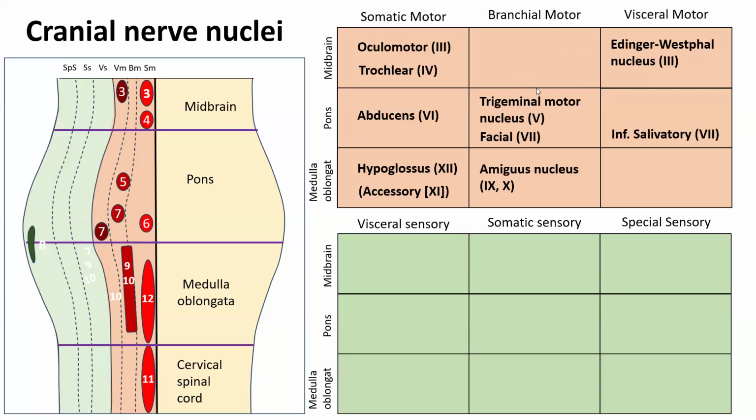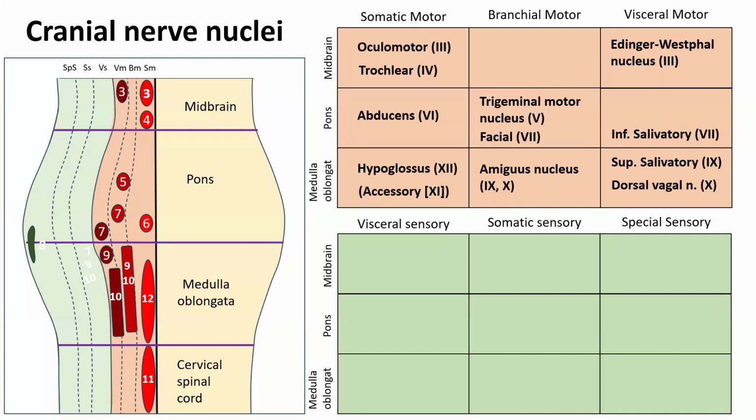We also have the inferior salivatory nucleus, which is responsible for the parasympathetic innervation of the sublingual and submandibular glands and the lacrimal glands, and the superior salivatory nucleus responsible for the innervation of the parotid glands.